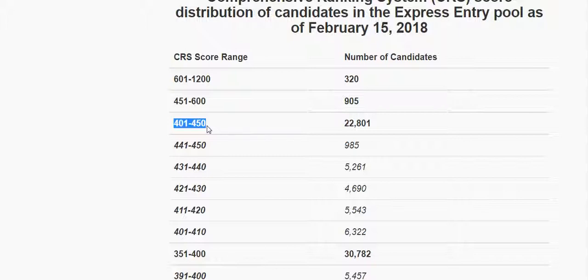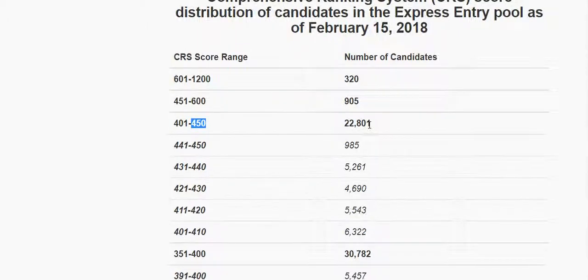Now you can see that 442 was the cutoff. So the people in this 8 scores, 442 to 450, only people with 8 scores, 1,900 candidates with a variation of 8 CRS scores, got Canadian PR.